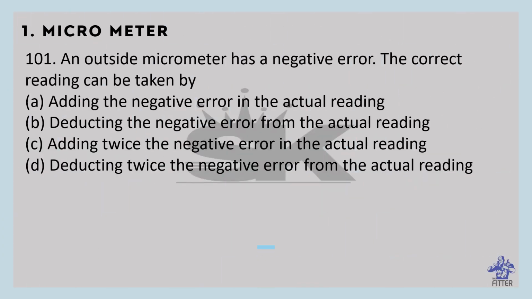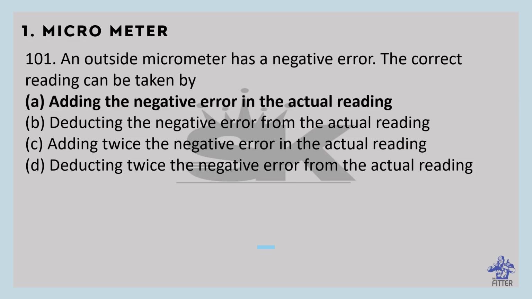An outside micrometer has a negative error. The correct reading can be taken by adding the negative error to the actual reading. We discussed that correct reading formula, right?